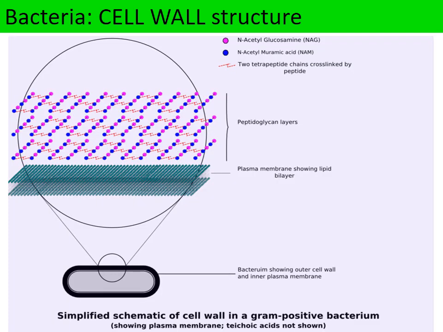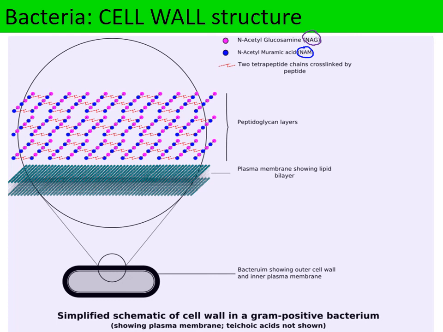So if we look more closely at the structure of peptidoglycan, what you'll see is that the straight polysaccharide chains actually have two slightly different modified versions of beta-glucose. They have NAG, which is called N-acetylglucosamine, and NAM, which is called N-acetylmuramic acid. So NAG is one type of modified beta-glucose, and NAM is the second type of modified beta-glucose.